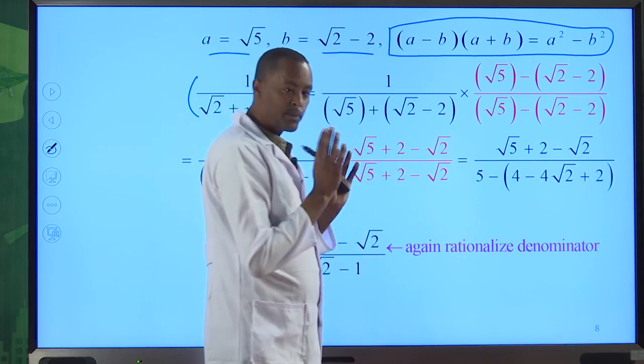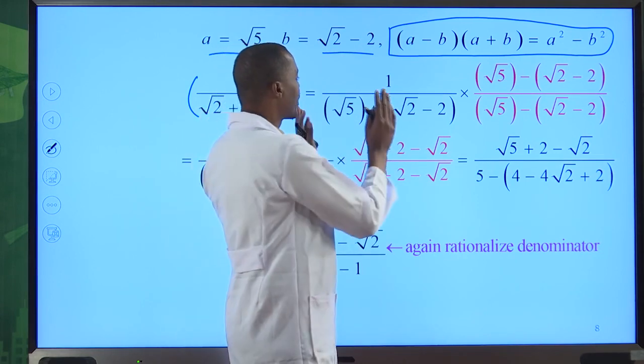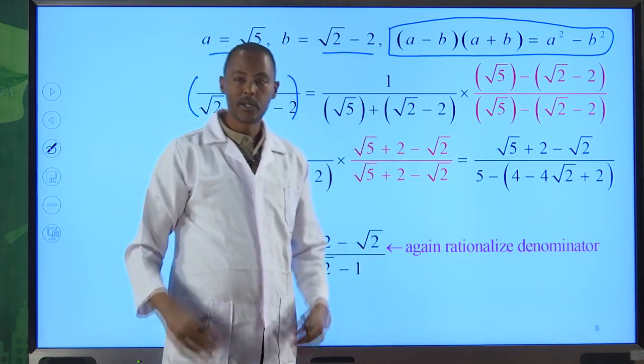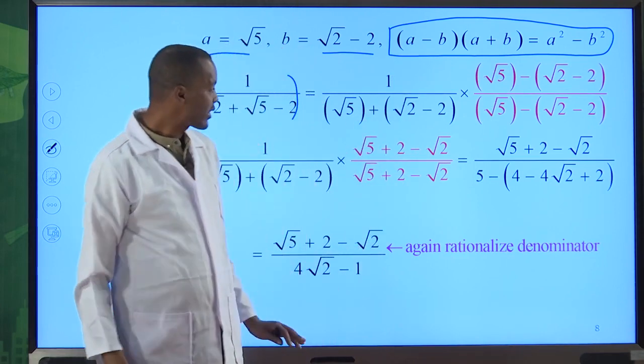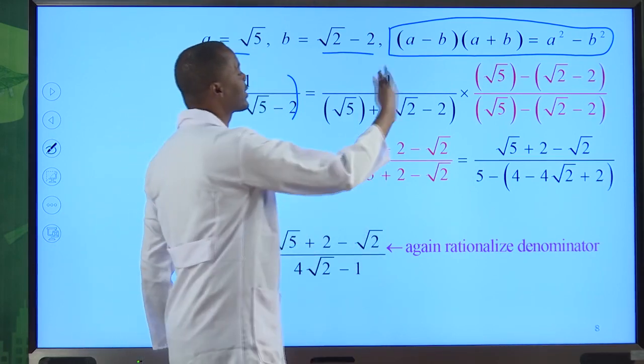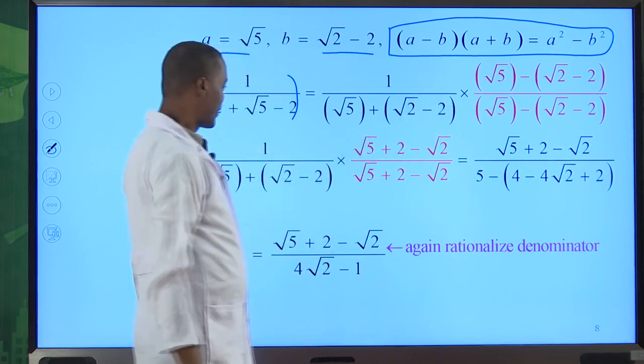Every time we have to be very careful that whatever we multiply with our original expression will not affect the magnitude of the original problem. So it's equivalent to multiplying everything by 1.